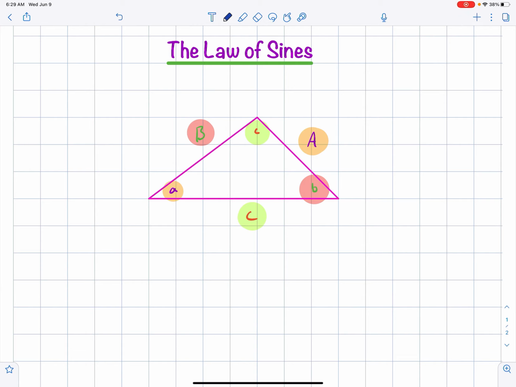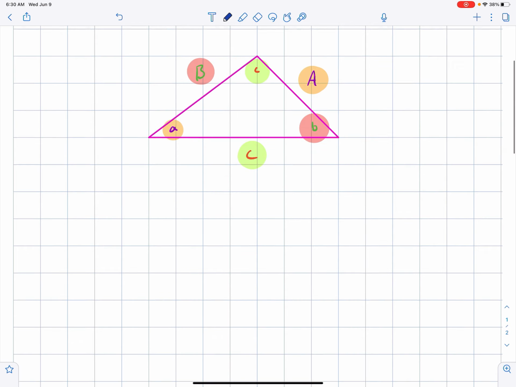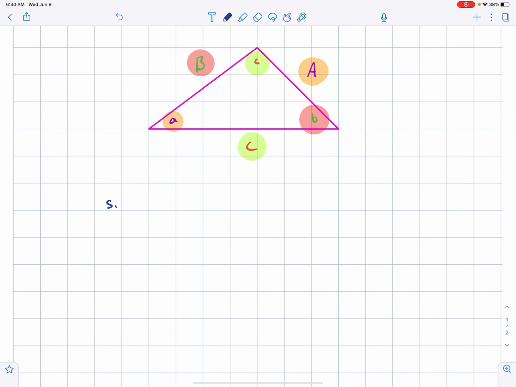So we have these sides across from their corresponding angles, and the law of sines tells us that the ratio of the sine of these angles to the opposite side always has to be the same. So it tells us that sine of A divided by A is equal to sine of B divided by B is equal to sine of C divided by C. Also, of course, if we take reciprocals, this equality will hold.